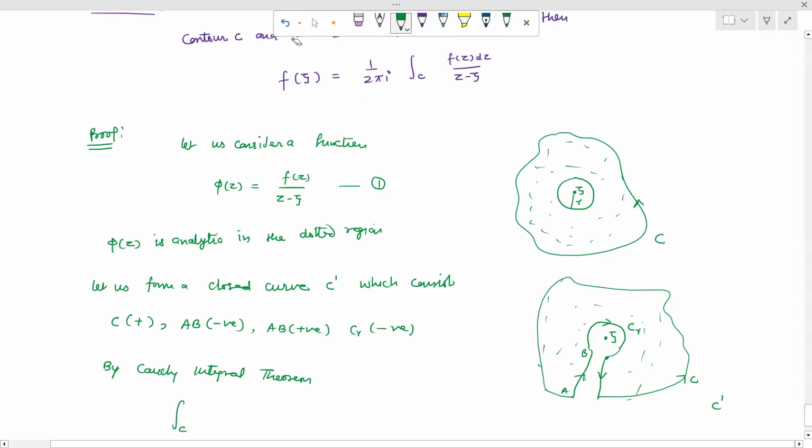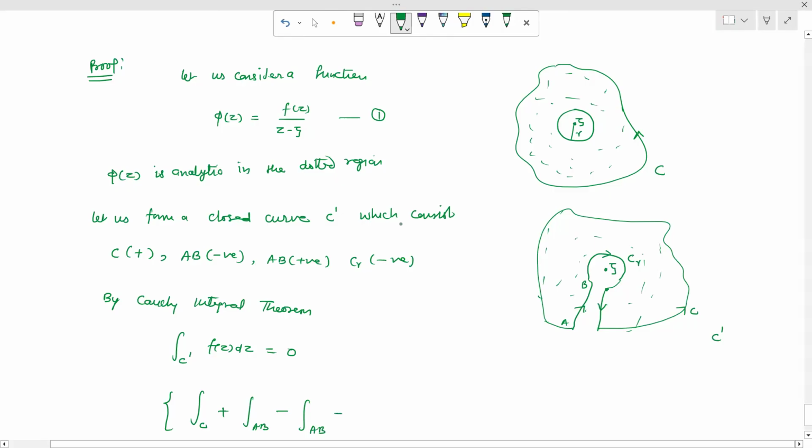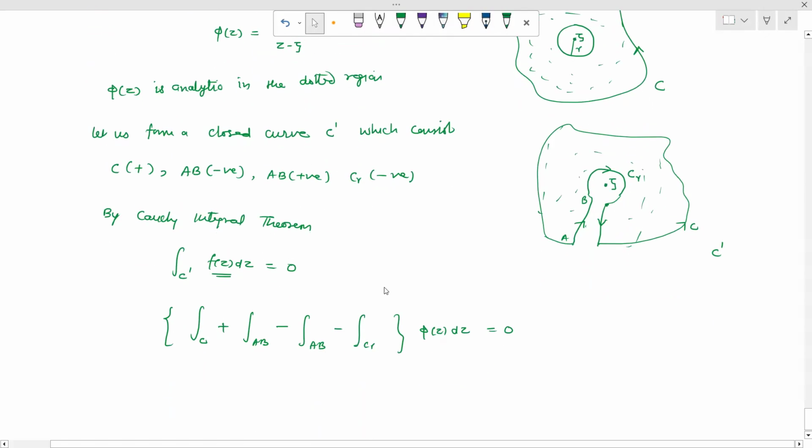Cauchy integral theorem says that line integral along a curve C dash, f(z) dz equal to 0, where D is the domain. सी डैश कर्व चार पार्ट्स में डिवाइडेड है: पहला C, दूसरा AB, तीसरा BA, और चौथा C_r. And f(z) we consider as phi(z), so directly you can write phi(z) in place of f(z), because we have considered the function as phi(z).